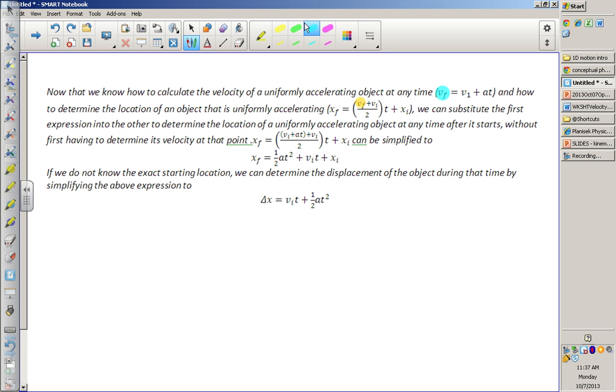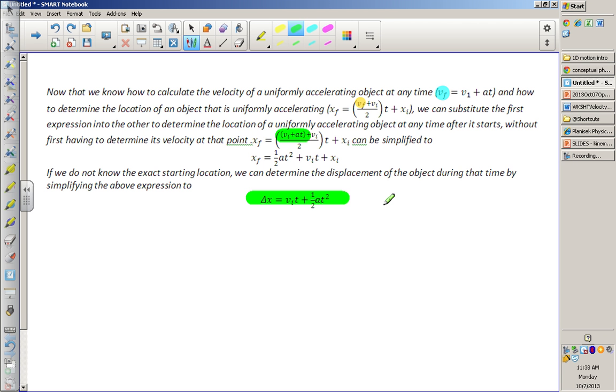If you take and plug the one V final into the expression for the other V final, you end up with this big mess. Okay? But that all simplifies down to this equation right here. Delta x is equal to VI times t plus 1/2 a t squared.